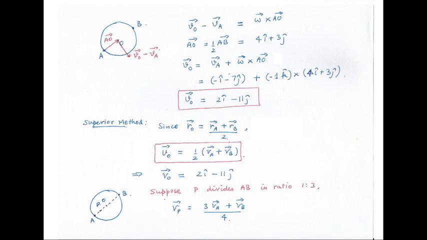And this is very simple, because AO vector is half of vector AB, because it points in the same direction and it has half the length. So from this simple scheme, I get VO minus VA, and from that I get VO, the velocity of the center of the disk.